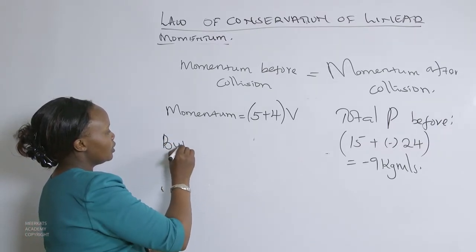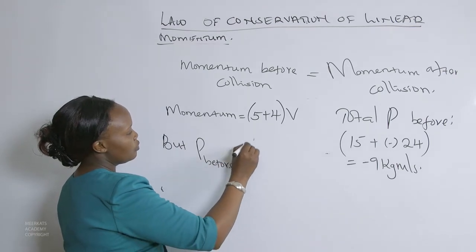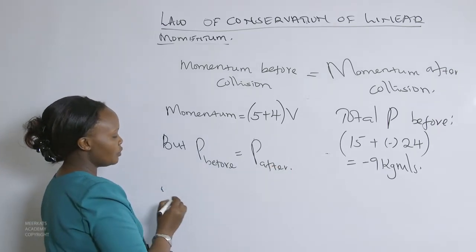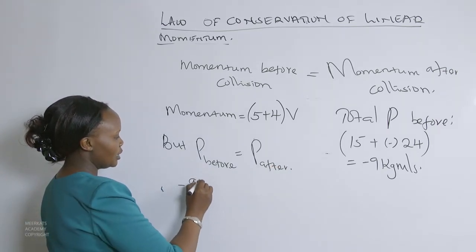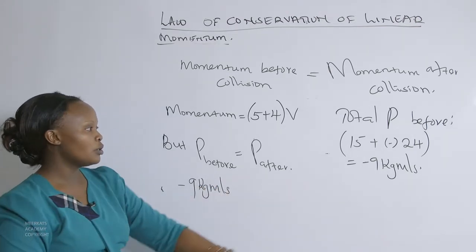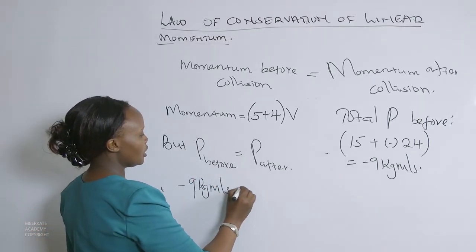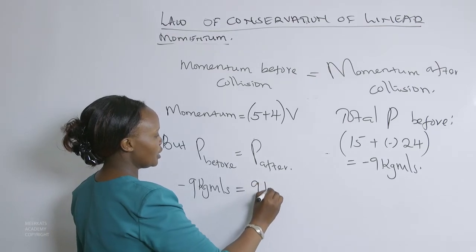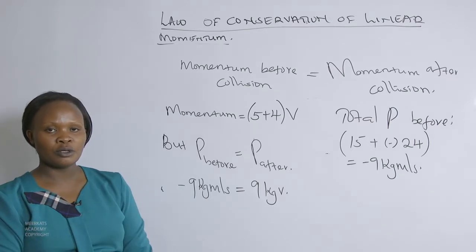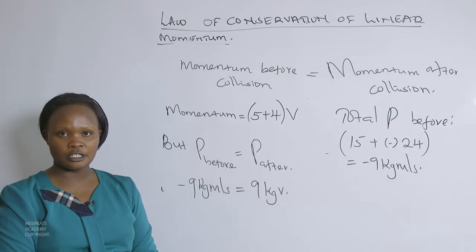But momentum before is equal to momentum after collision. Therefore, -9 kilograms meters per second, which is our initial momentum, should be equated to 9 kilograms times V. Now, we want to get the value of the common velocity achieved.